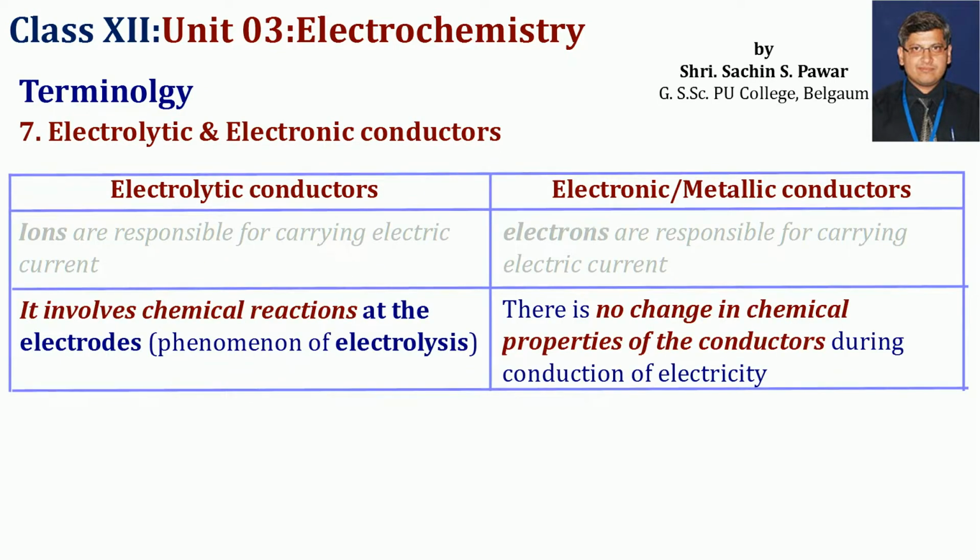In electrolytic conductors, when the conduction of electricity is taking place, some chemical reactions occur at the respective electrodes, and the phenomenon is called electrolysis, that we shall learn in the subsequent lectures. However, in electronic or metallic conductors, the kernels are stationary. Only electrons are moving from one kernel to other kernels, and therefore there is no change in the chemical property of the conductor when the electricity is passed.